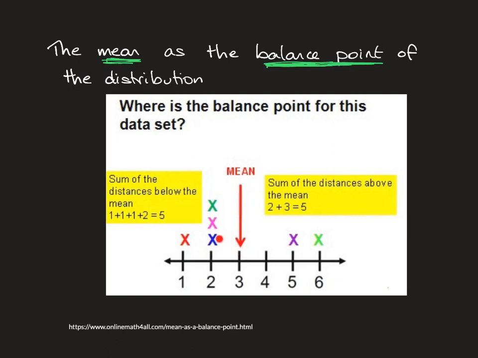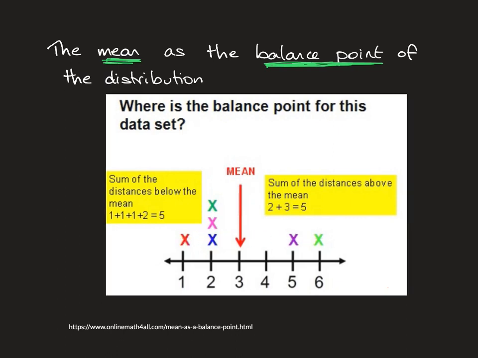From this point here to this point here, there's a distance of 2, and this is a distance of 1, 1 and 1. So the total distance of all of these points from this point here is 5. On the other side, you've got a distance of 2 and a distance of 3. Total distance on this side is also 5. So this is the balancing point for our distribution. It is also the mean of all of those values.